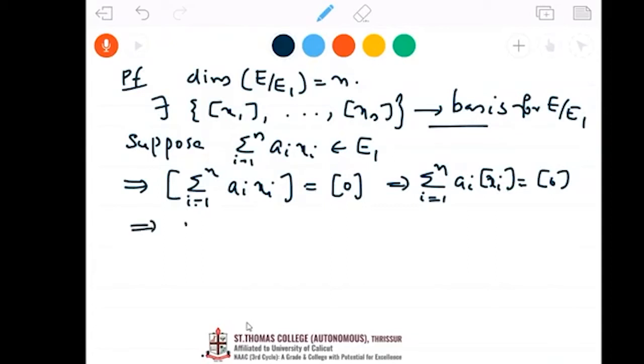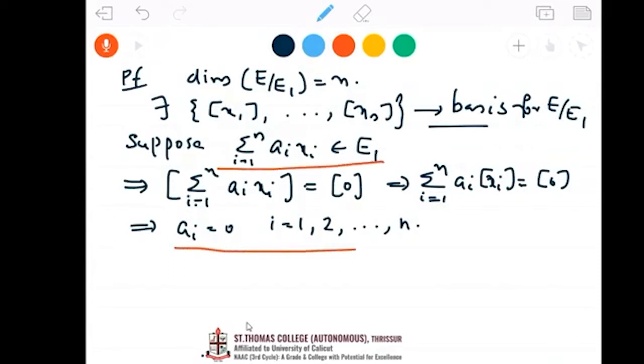So this means ai equal to 0 for i equal to 1, 2, etc. n. So, if summation i equal to 1 to n aixi is in E1, then ai equal to 0 for i equal to 1, 2, 3, etc. to n.